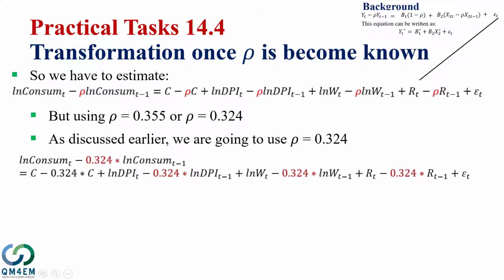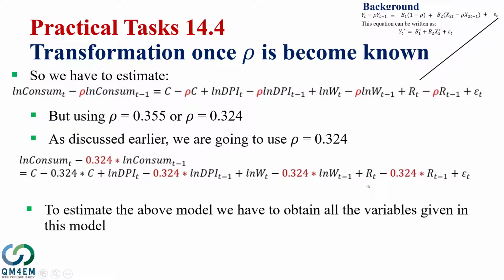So I have to construct this variable. Similarly, I have to construct the constant term and all three explanatory variables as well, and only then can I estimate this model. Please keep this in mind. To estimate the above model, we have to obtain all the variables given in this model, and then EViews steps can be used to obtain these variables and run this model. Let me show you these steps in the next slide.